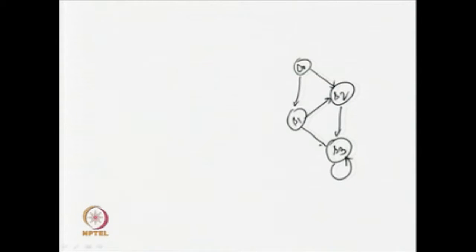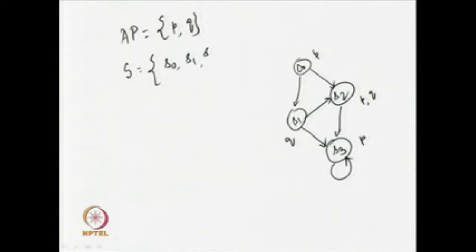This is a Kripke structure, with atomic propositions P, Q. Now, you just see that in this state transition system as a Kripke structure, the set of atomic propositions is P and Q, and it has 4 states, S0, S1, S2, S3.